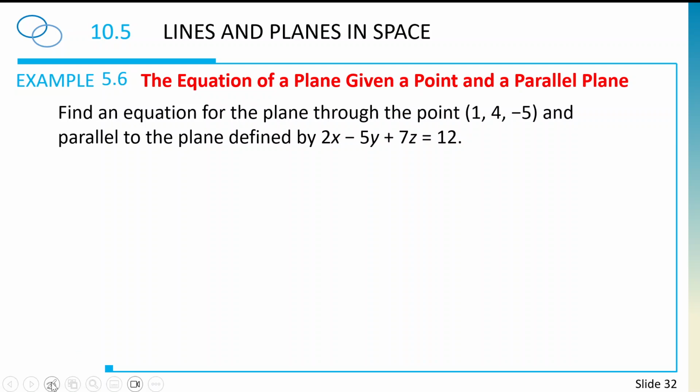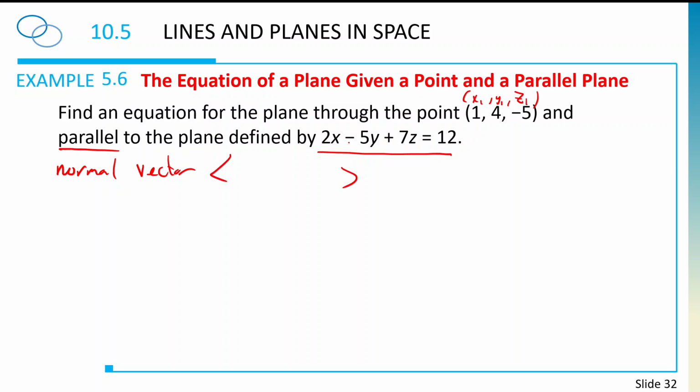Okay, so directly I have the point. This is for me directly x1, y1, z1. You see, it's never been an issue with a point. It's always given. Now this is parallel to this plane. So that means our plane, the one that we need, has the normal vector. What will be the normal vector?